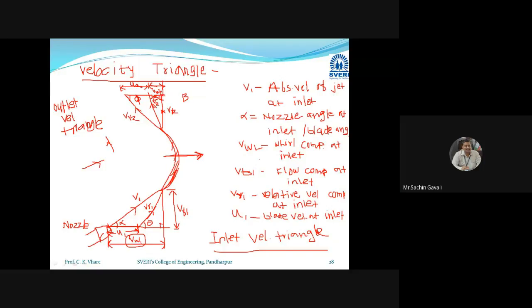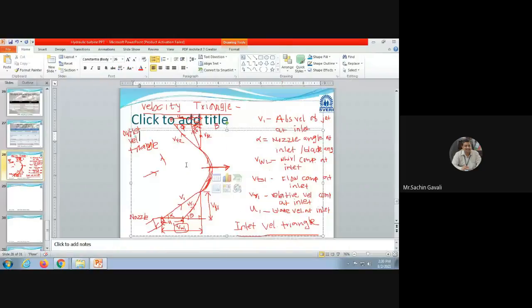Anybody other than SOAS? Outlet velocity triangle understood? Understood. Please write in the message box.